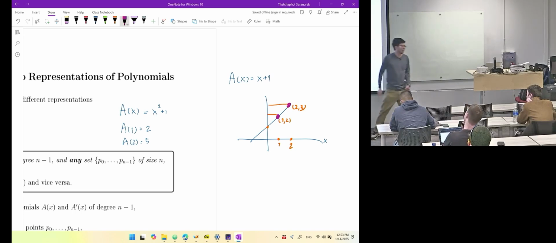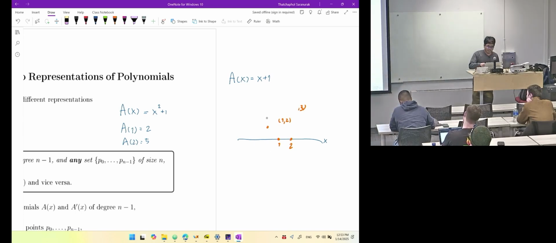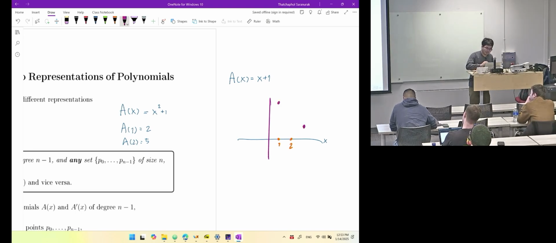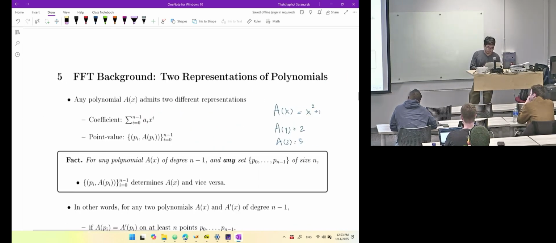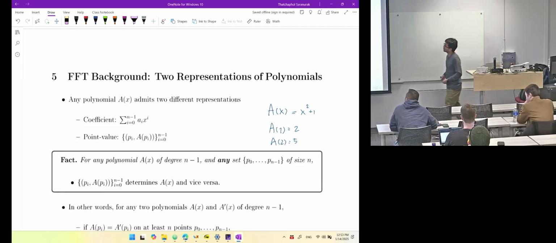Right? If I have 2 points here, then there is only one polynomial that would fit them. So basically, I can represent any polynomial as a point value evaluation.